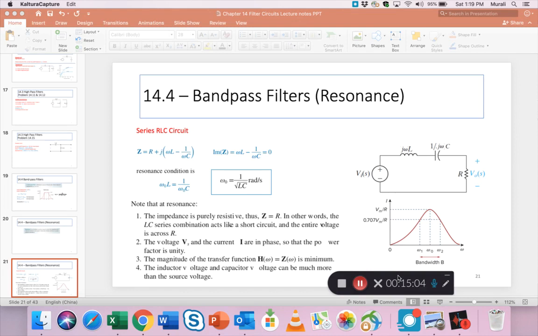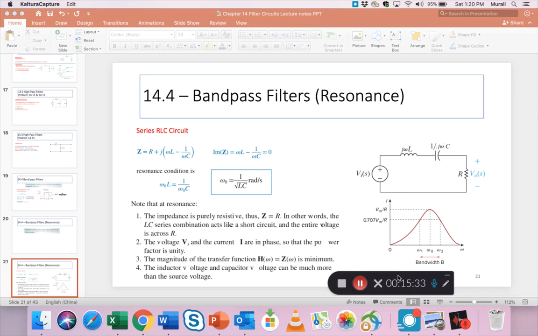The graphic below shows you that, and you can see that it looks like the filter pictures that you have seen. But remember, we are only talking resonance, so don't bring in filters yet. In resonance, as the frequency of the input signal increases, the output rises to the highest point at omega 0.